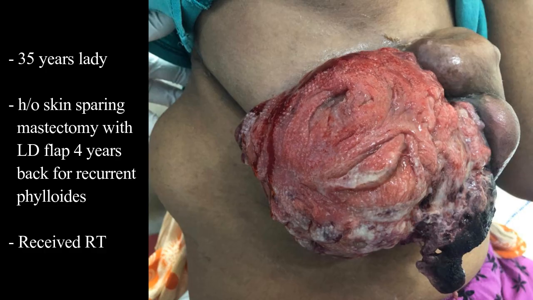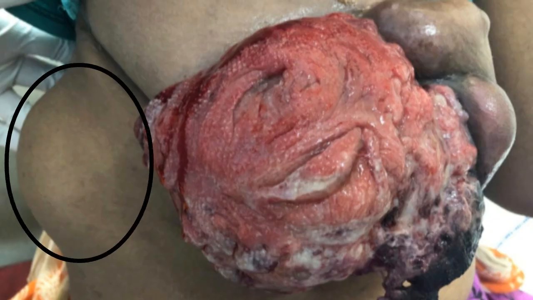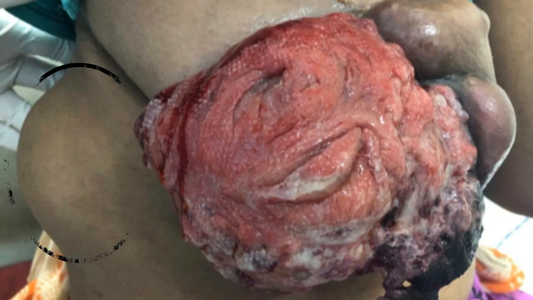Now presently she came up with a fungating mass in the right breast which was operated last time, and she also had another lump of around 4 into 3 centimeters which was hard in consistency, fixed to the underlying structures, most likely posterior chest wall and little closer to the donor site.